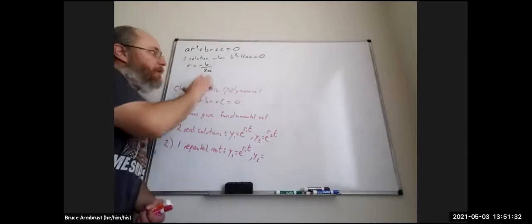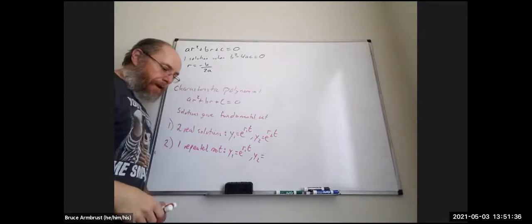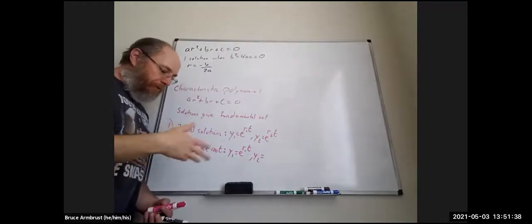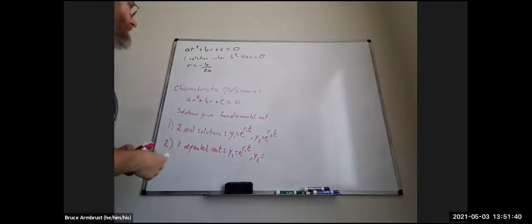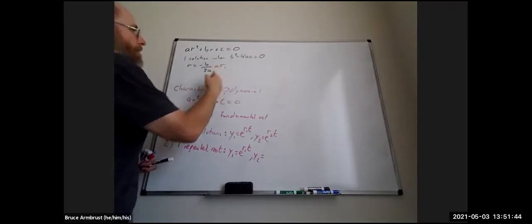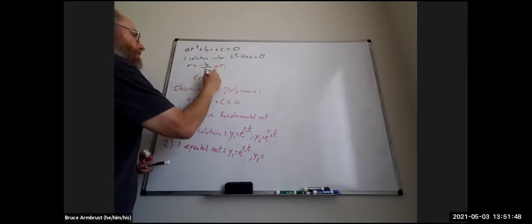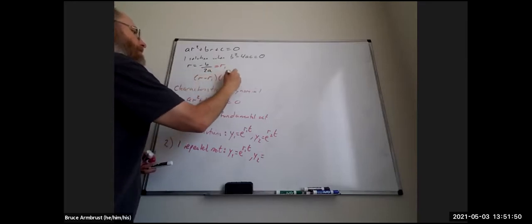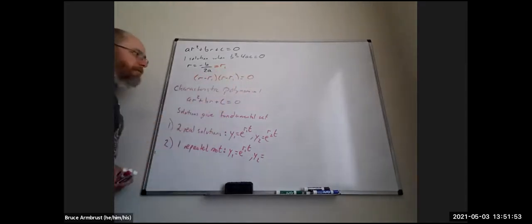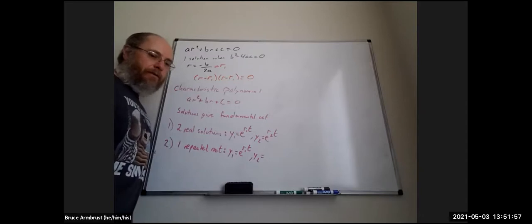Okay, so we know that this is what the structure has to be. But we can also think of it as, if we call this, let's say, r1, because that's our solution, we can think that this polynomial has to factor as (r minus r1) times (r minus r1).